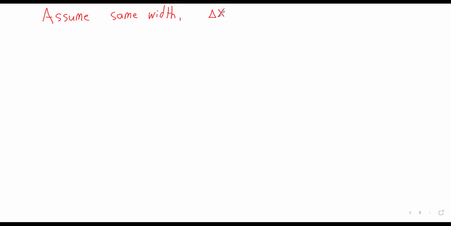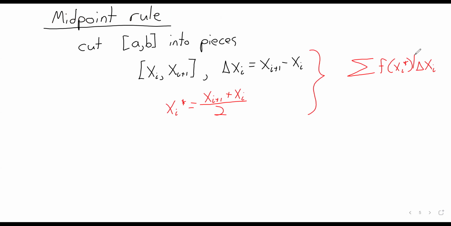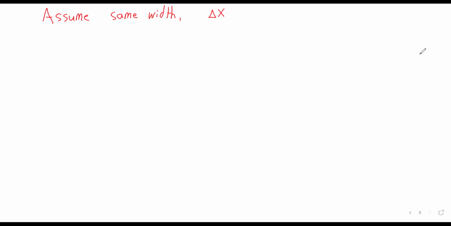We don't need to worry about these delta x's being plural, we'll just cut the interval up into equal parts. That assumption makes it slightly easier to talk about. So let's say we use n rectangles.